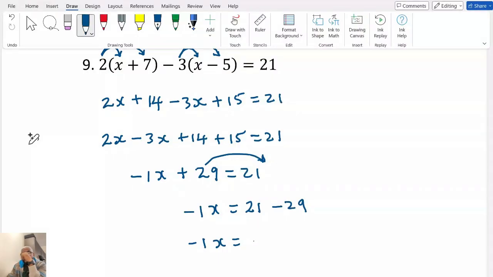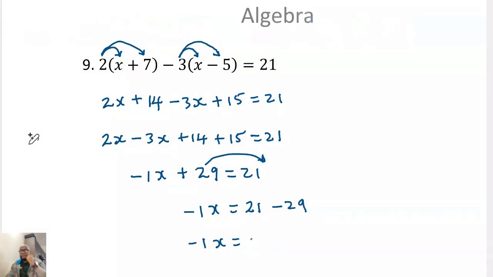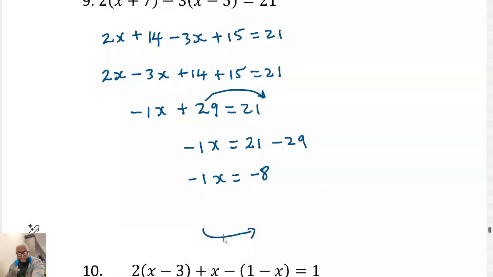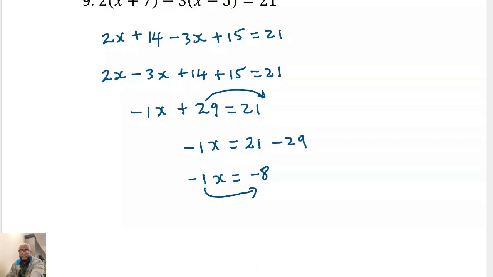Positive 8? No, negative 8. Right, negative 8. Why do we need negative 1 now, Mongol? When I carry it there? Divided. Very good, Mongol. So x is equal to negative 8 divided by negative 1. X is equal to, a negative divided by negative is a positive, 8.